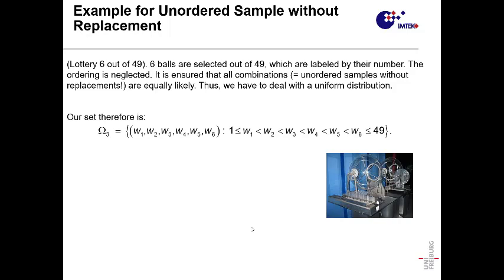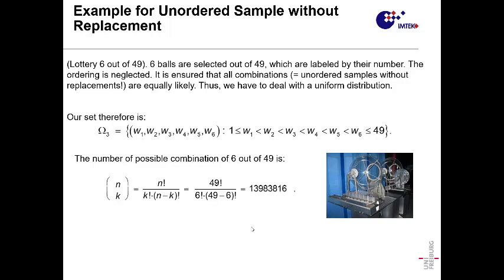So basically, the elements of omega go from 1 to 49, okay? And then what is the number of possible combinations when you get 6 particular numbers from the 49 that you have in the big ball? Then you use the binomial coefficient, because you have unordered and without replacement, right?